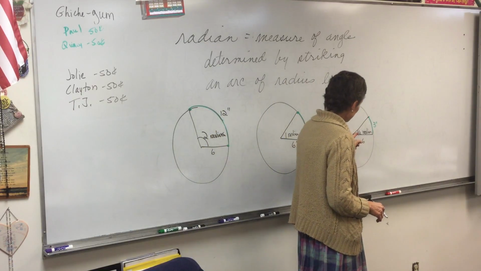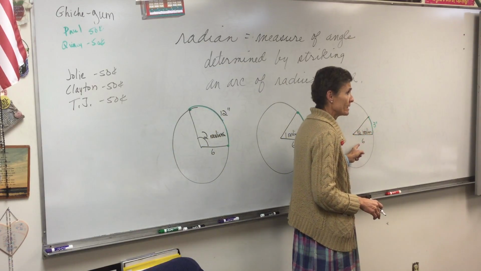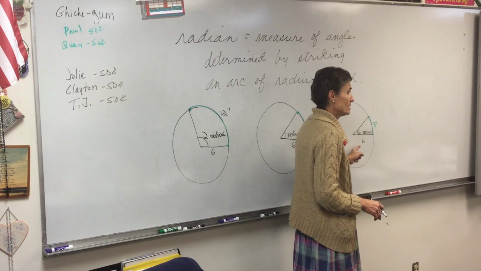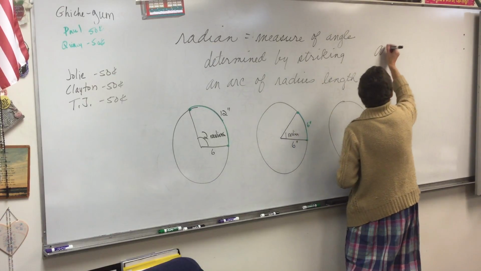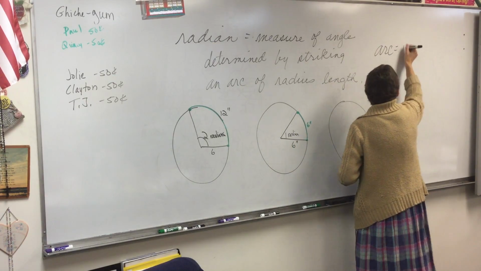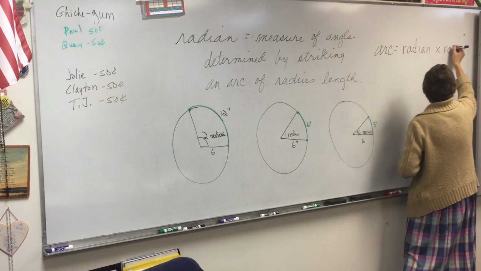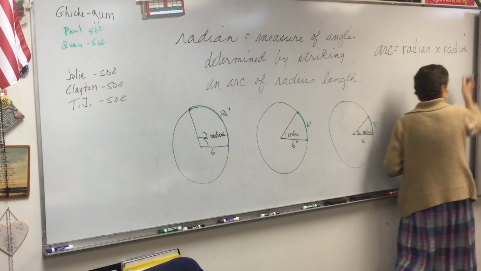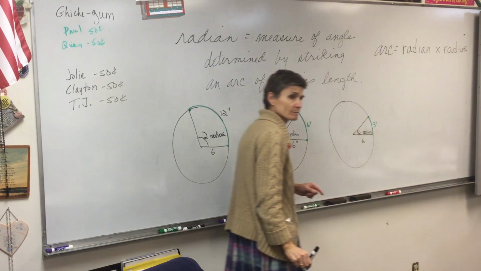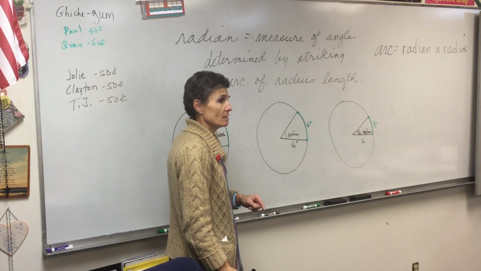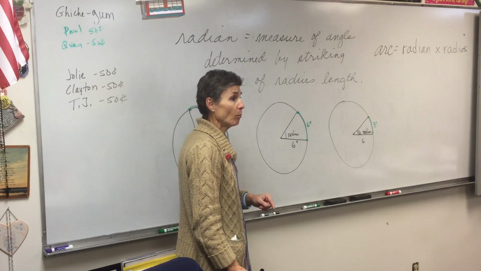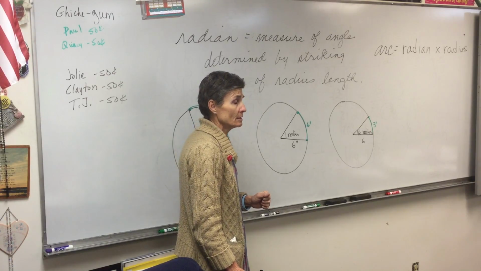When the radian measure was a half, the arc length was only 3. It looks like the arc is the radian measure times the radius measure. Would you agree with that? That is a really important formula.